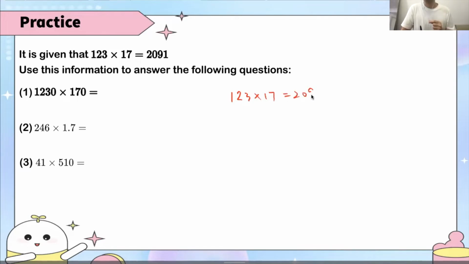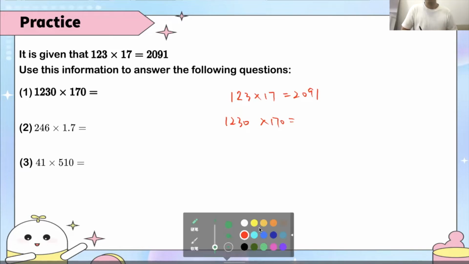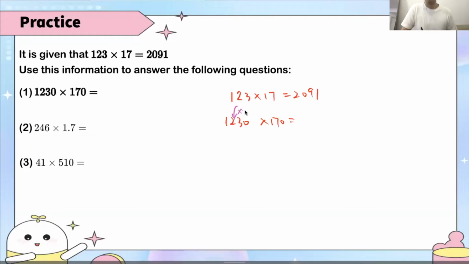Okay, 1230, 170. Okay, I will use another color. Times 10, times another 10. What that means is we just need to times 100 after 2091, and that is 209100. Great. So you all have the right answer.